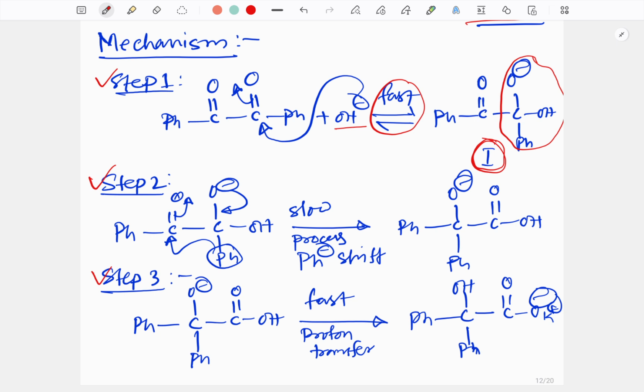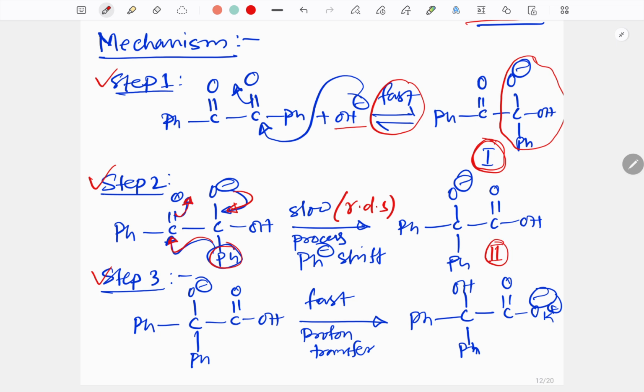Here the O minus comes back, this phenyl group attacks the other carbonyl carbon, and another carbon-oxygen bond opens up. As the process is slow, it is called the rate determining step of this reaction. After the 1,2 nucleophilic shift of the phenyl group, it gives another intermediate, which you may consider intermediate 2.